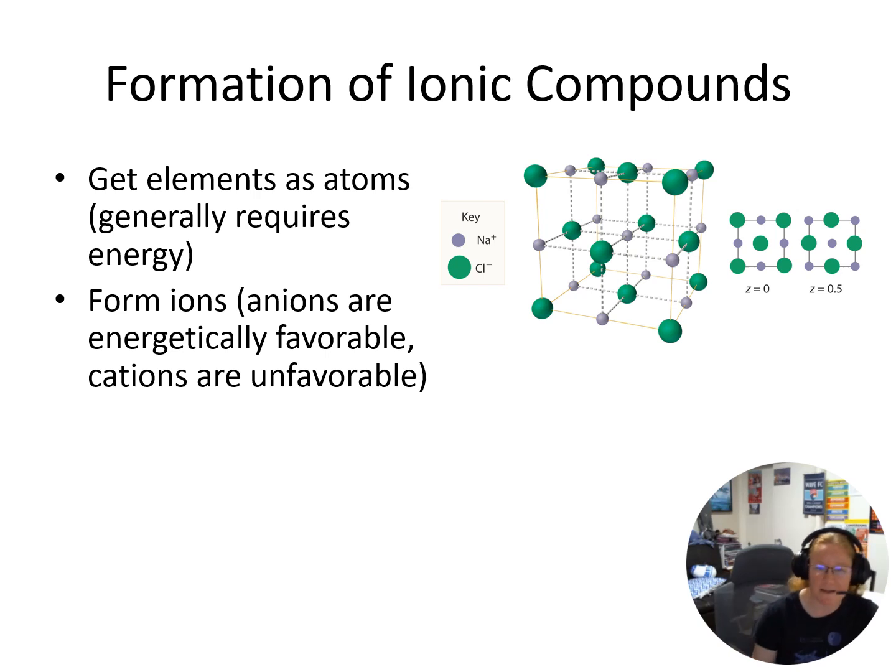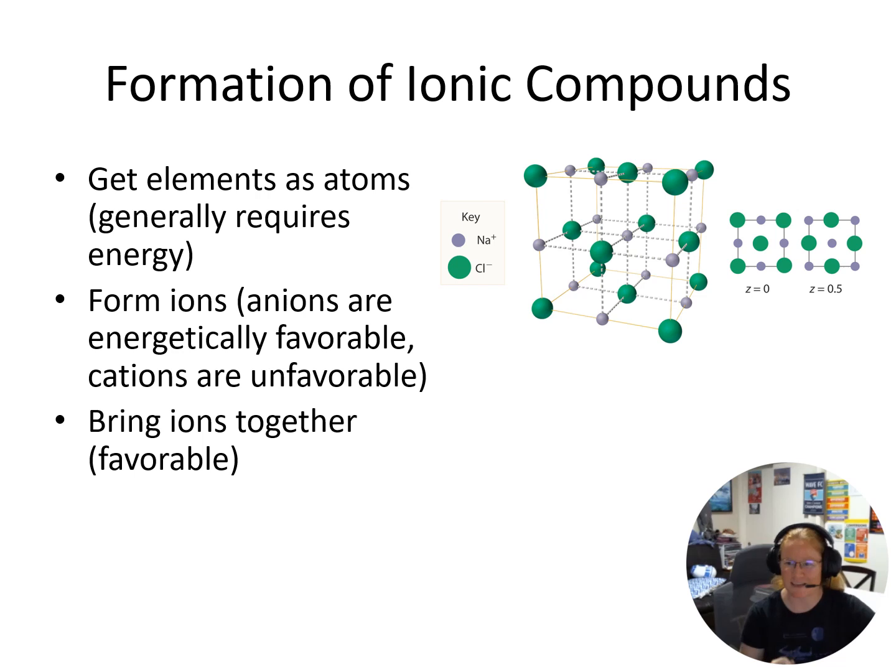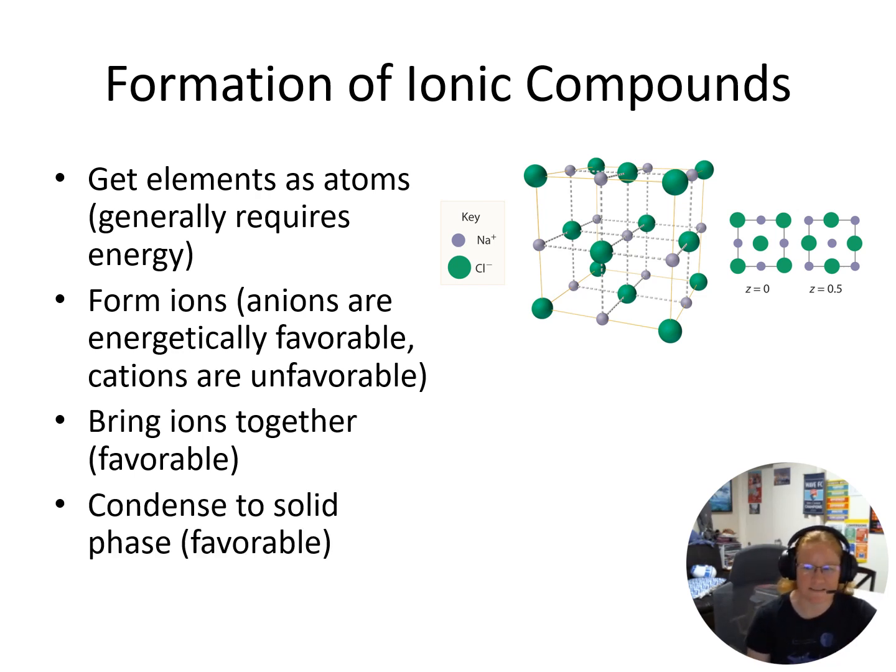Then I need to form ions. My anions, because of those electron affinities, are typically energetically favorable. My cations, because we're ripping electrons off, are typically going to cost energy and be unfavorable. We're going to bring the ions together, which is typically favorable. And then we need to condense to the solid phase, which is also typically favorable.